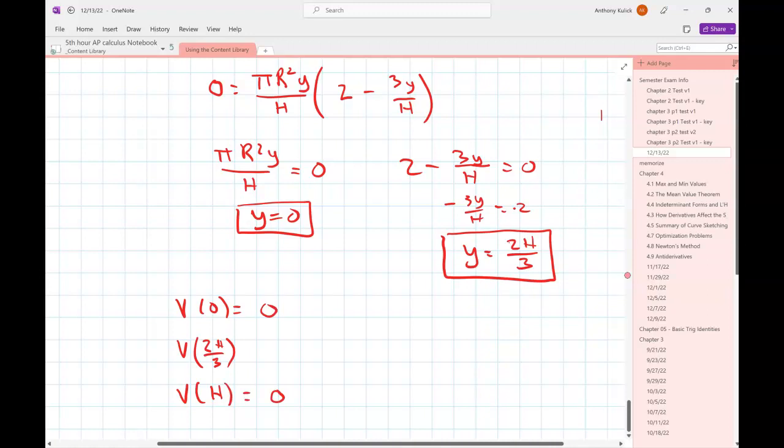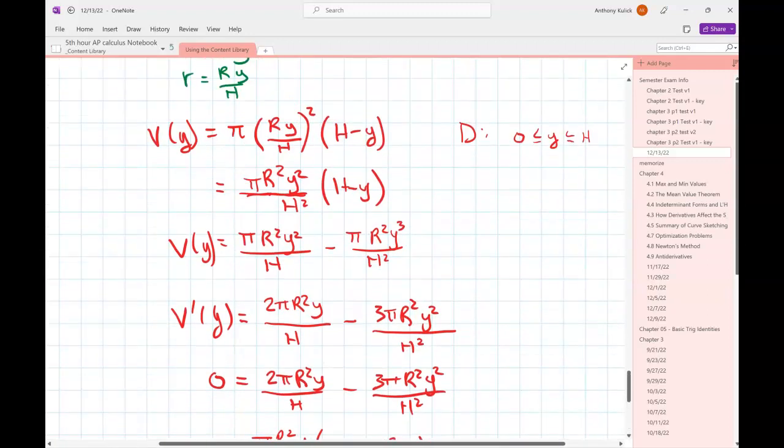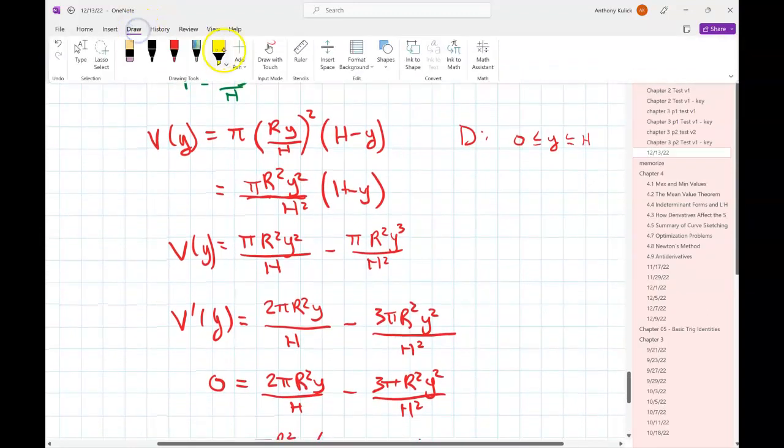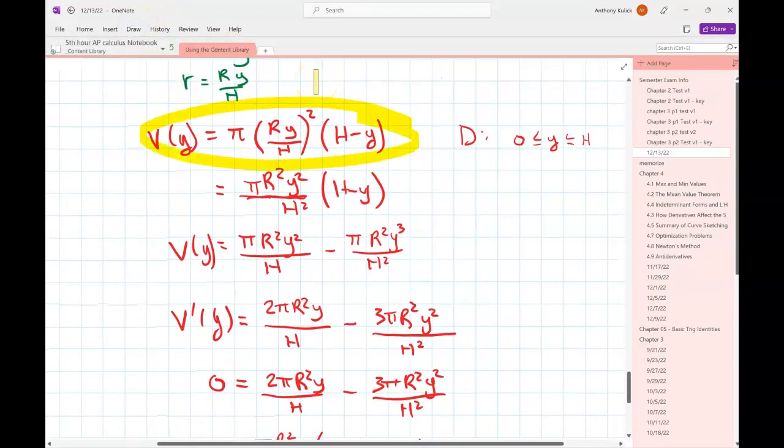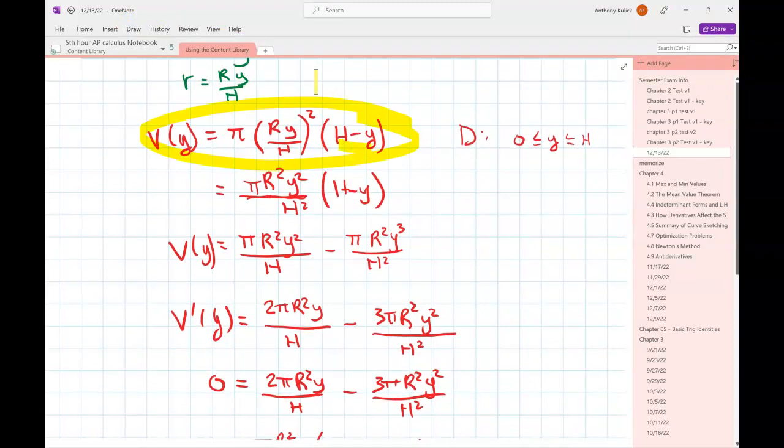And that's easy right away. Again, what are we checking with? We're plugging into this, right? When y is equal to h, this piece zeroes out. And when y is equal to 0, that part zeroes out. So both of those just have 0 volume.